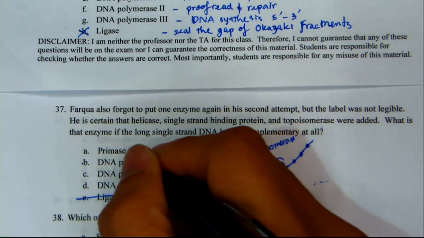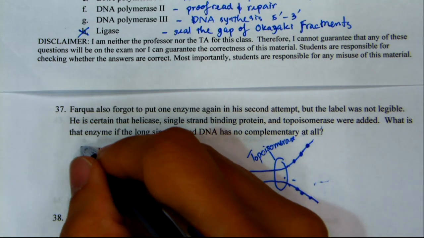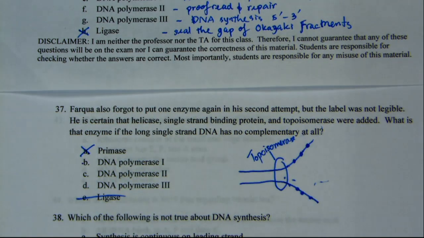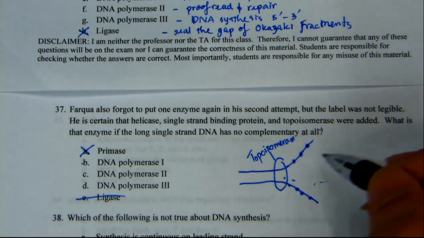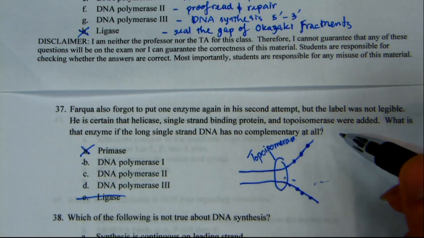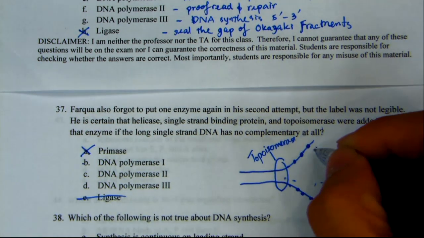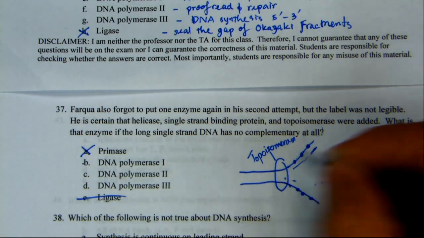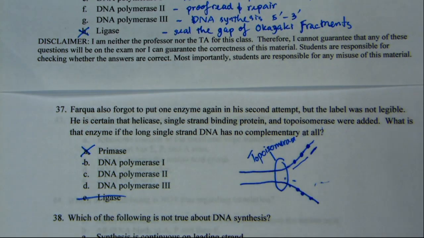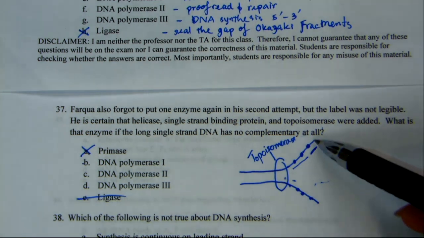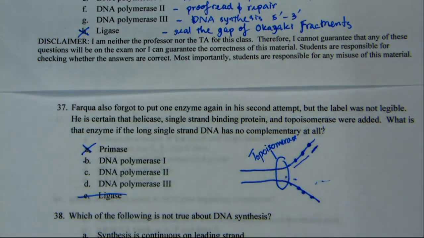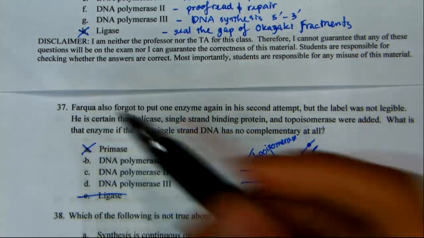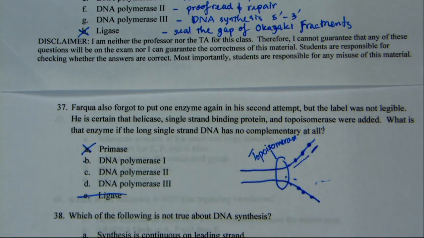So the answer here is primase. Because to be able to make any DNA, you have to have a primer first, and then you make more of it. But now you have nothing. Your single strand has no complement. So the primase is the answer, okay?